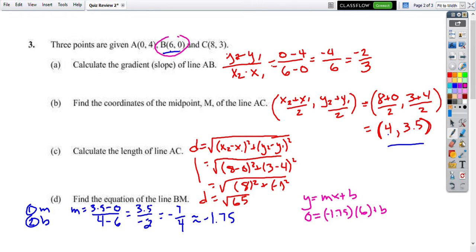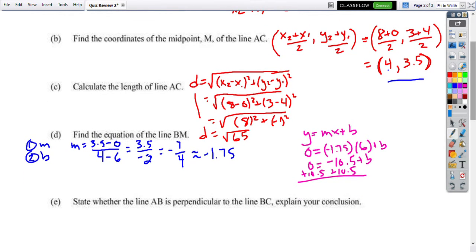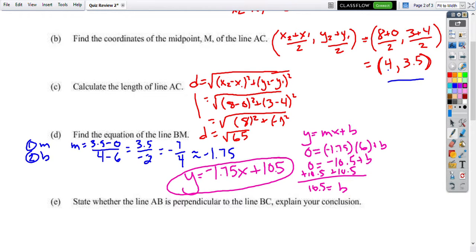So negative 1.75 times 6 is negative 10.5. So 0 equals negative 10.5 plus b, and then we're going to move that to the other side by adding it, and we're going to get that b is equal to 10.5. And so our equation is y equals negative 1.75x plus 10.5.